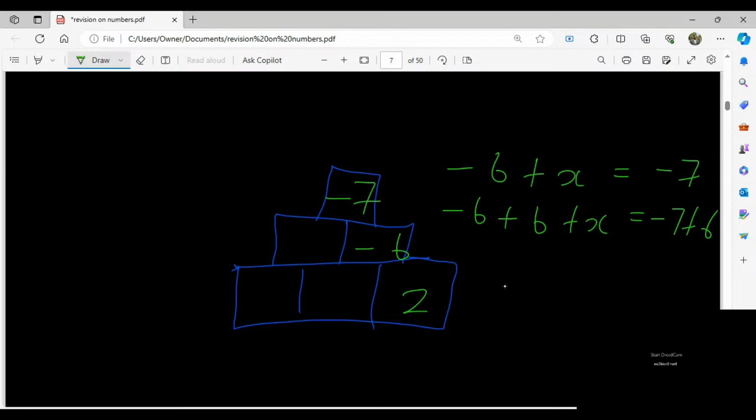Then this one will give us a 0 and we'll remain with x equals to minus 7, and then we're going to add 6. Adding a positive 6 means that we're going to move 6 places to the right of minus 7, which will lead us to minus 1. So the number here would be minus 1. If we add minus 1 plus minus 6 it will give us minus 7.